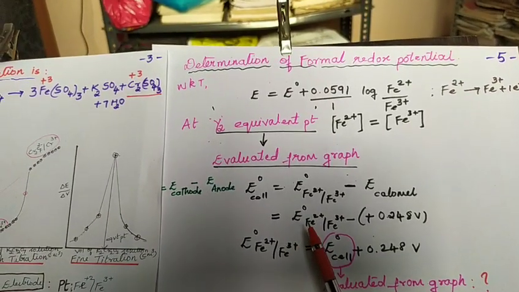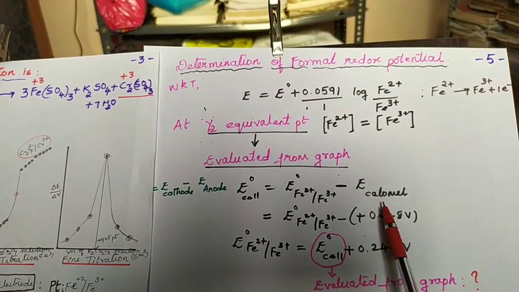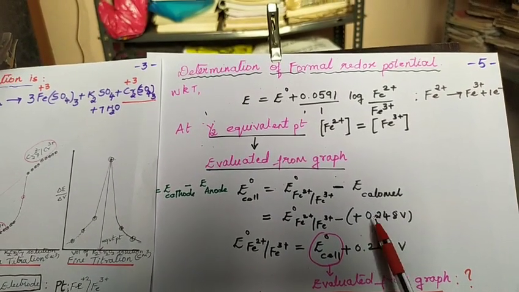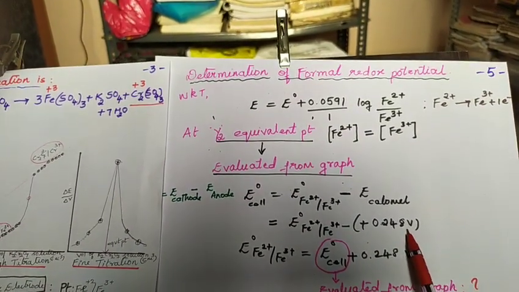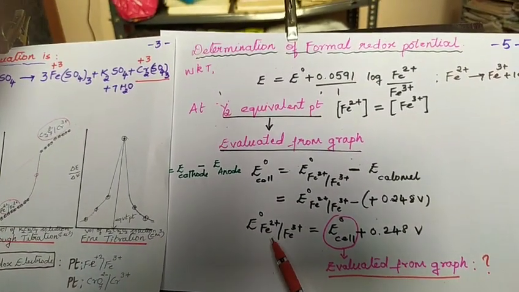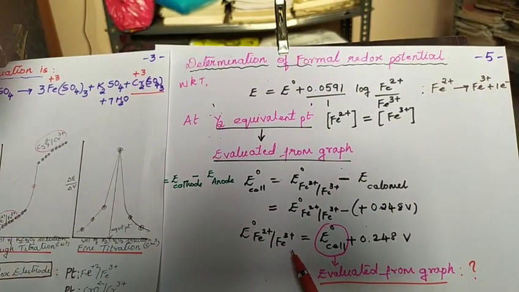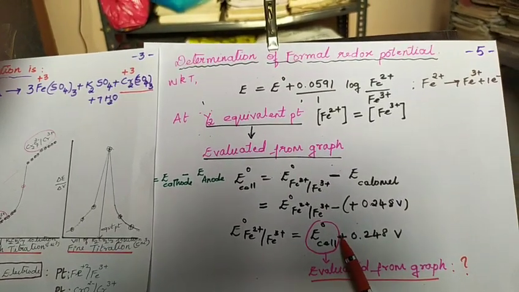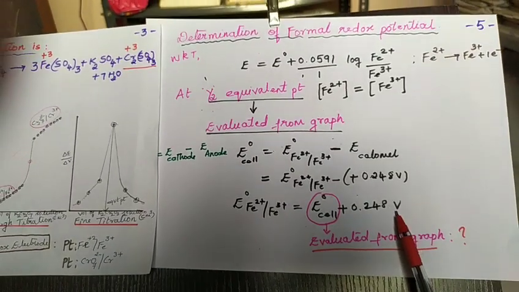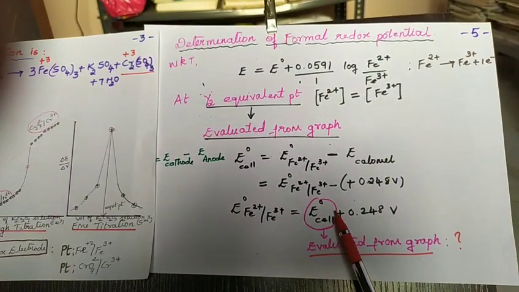Since the calomel electrode is a reference electrode, its standard reduction potential is plus 0.248 volts. Substitute here and rearrange the expression for the redox potential of Fe2+/Fe3+. We get E naught cell plus 0.248 volts. So how do we find this E naught cell?